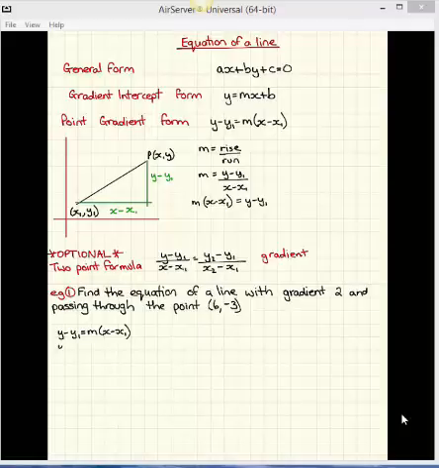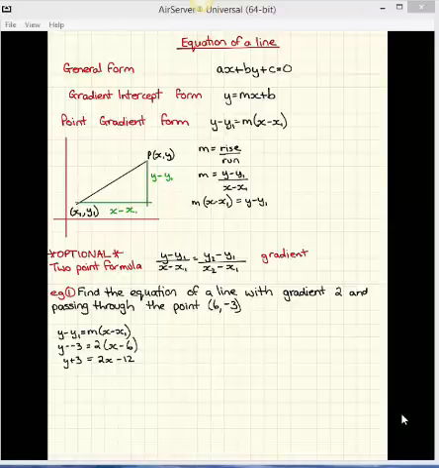So once you've got your formula, you go y minus y1, so in this case that's negative 3, is equal to the gradient outside of x minus x1. So 6. Then you need to tidy it up. So y minus negative 3 is y plus 3. Expand your brackets on the right hand side, so we get 2x minus 12.